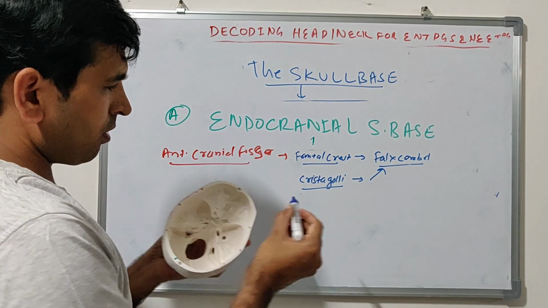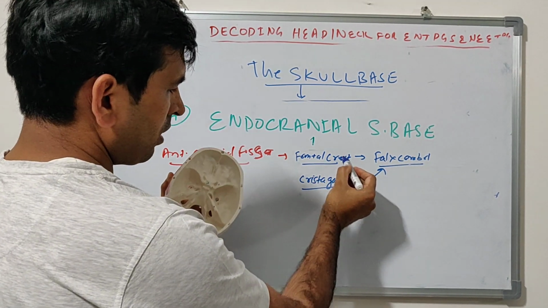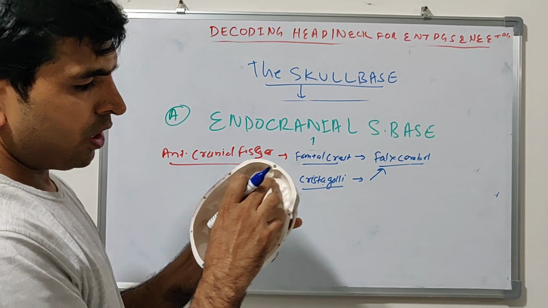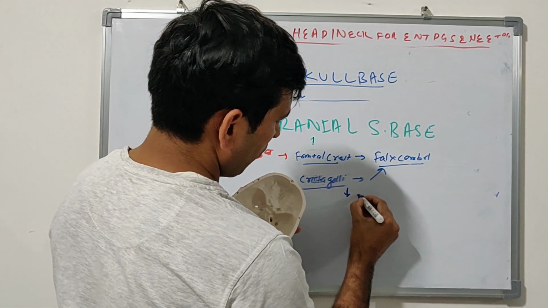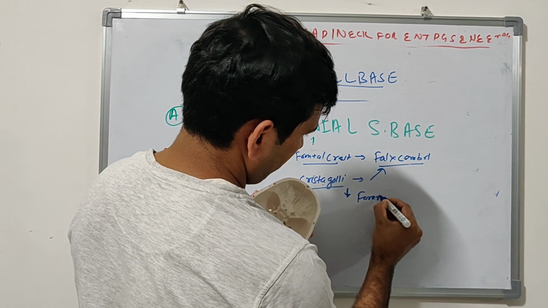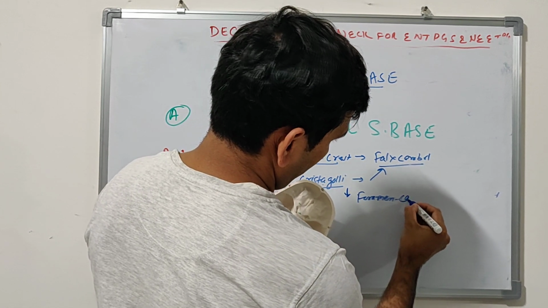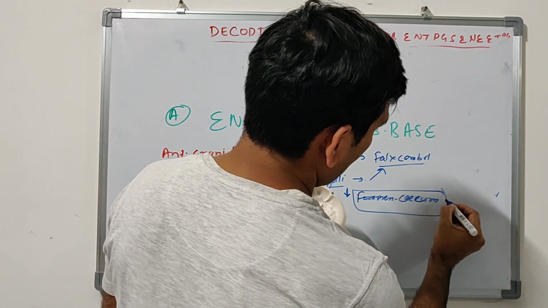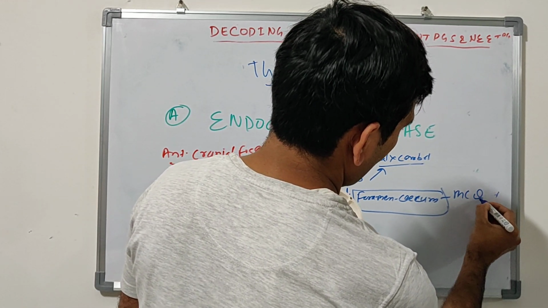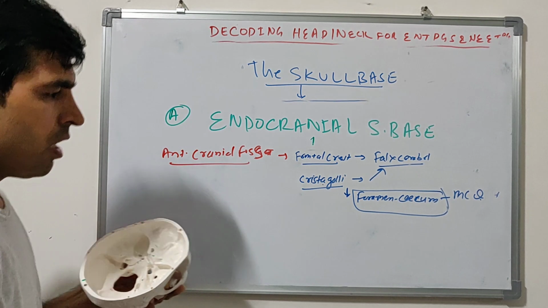In between the frontal crest and the crista galli, you can see one pit. This is called the foramen cecum. An MCQ can be asked here.